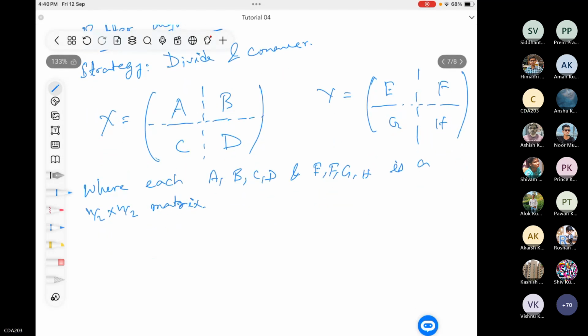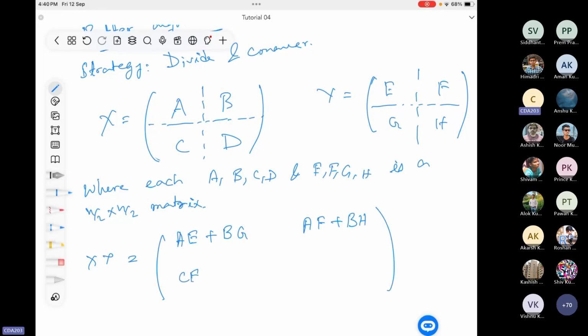So now if you do the matrix multiplication, what do you have? You're basically doing AE plus BG, AF plus BH, CE plus DG, CF plus DH. Okay.